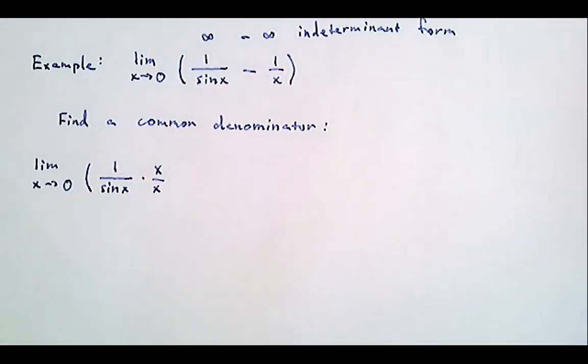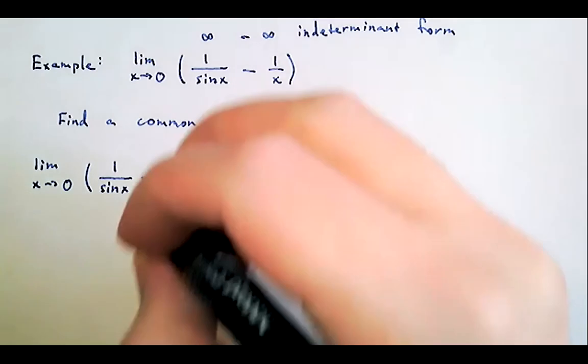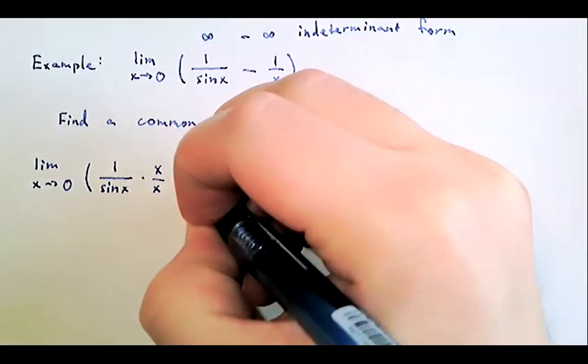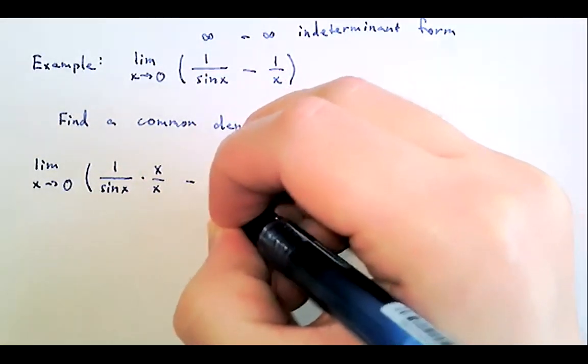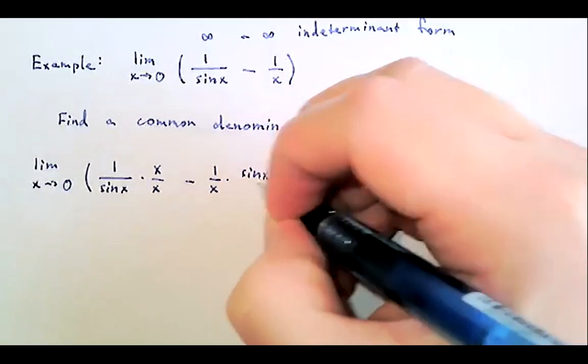So the first fraction is going back to the grade school finding common denominators. You multiply by x over x. The second fraction will need to multiply by sine x over sine x.